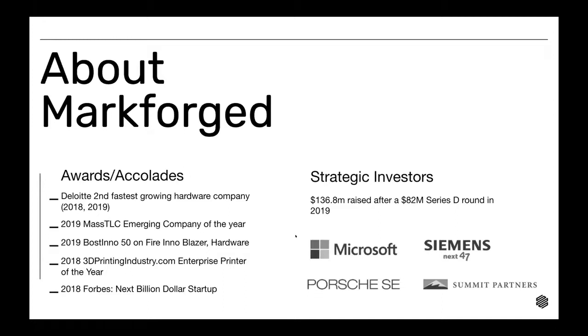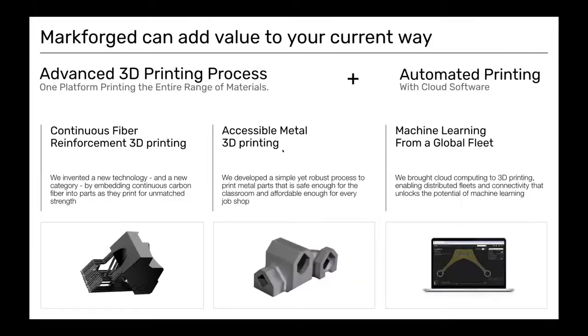To give a little bit of clarity about what we actually produce: on the left there, you can see we produce continuous fiber reinforcement 3D printing. These are high strength composite parts. We also produce and enable accessible metal 3D printing, along with automated printing with cloud software. I'll talk a little bit more about this in further slides.